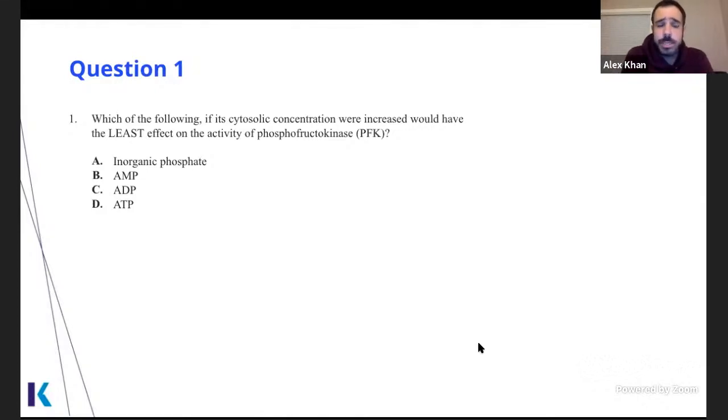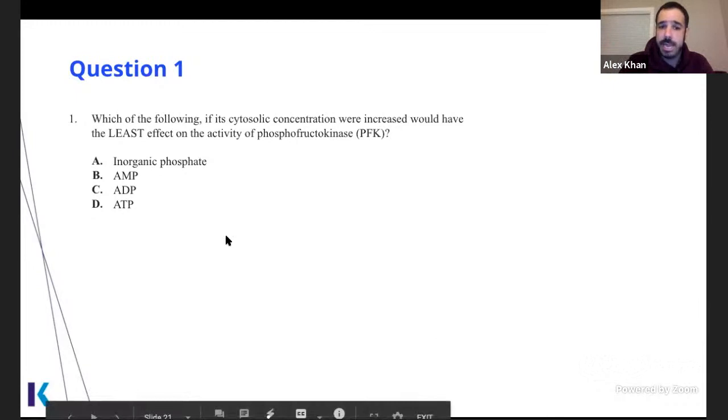All right, so this is a really nice MCAT question. Which of the following, if we increase its concentration, would have the least effect on the activity of phosphofructokinase? Now, if we remember phosphofructokinase, we said it was the rate determining step, and molecules associated with low energy stores would stimulate it, and molecules associated with high energy stores would have an inhibitory effect.